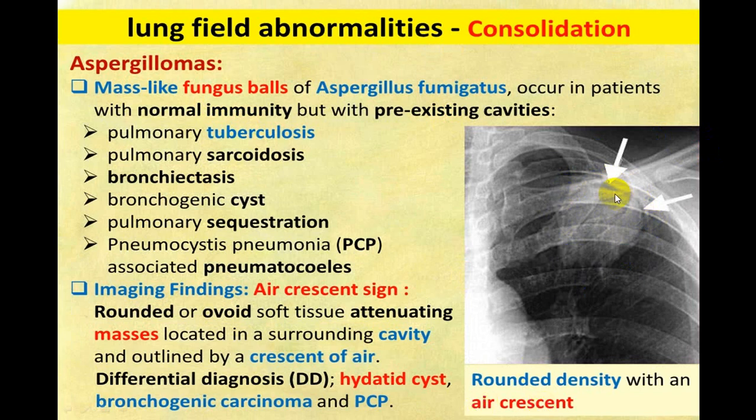So in a cavity, this is a fungus ball, and this is called Aspergillus fumigatus, and we call that an aspergilloma, meaning a tumor formed because of Aspergillus, that is a fungus, and that is characteristic. So consider this. This is very commonly seen because of a fungal infection in a person who has a pre-existing cavity, and there will be an air crescent sign.